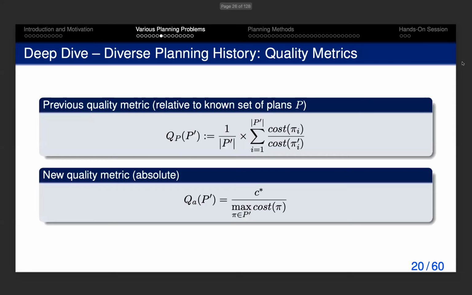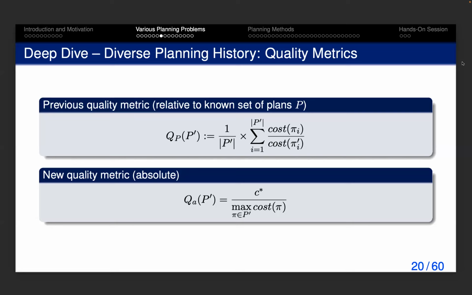Now, when it comes to quality metrics, there was one at the top that is from the literature. And we introduced this one in 2020. I don't know whether it's still considered new, but this is the one that we introduced. And there are multiple differences between these diversity quality metrics in regard to the two plans.